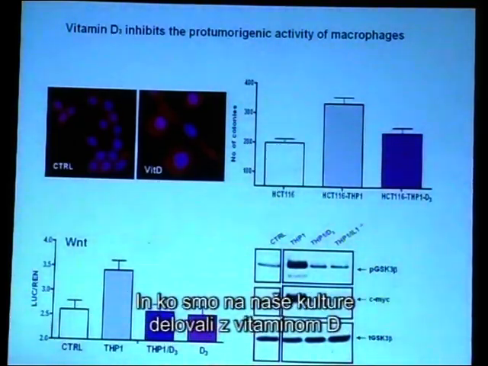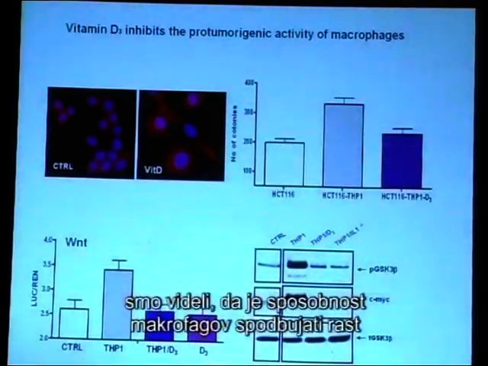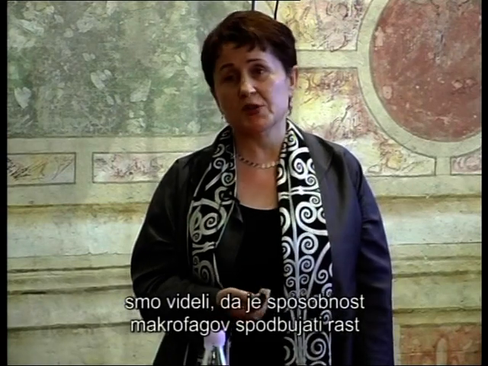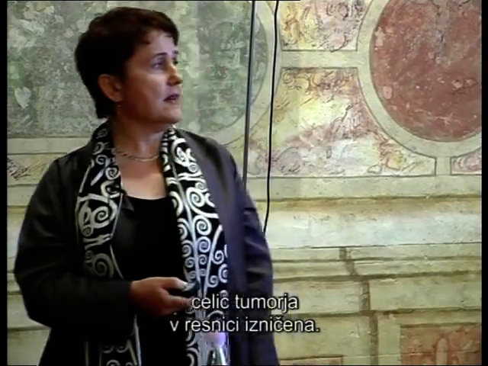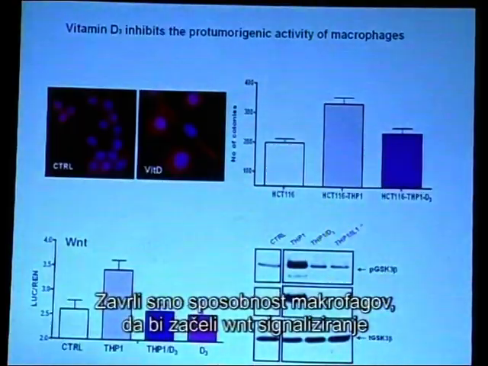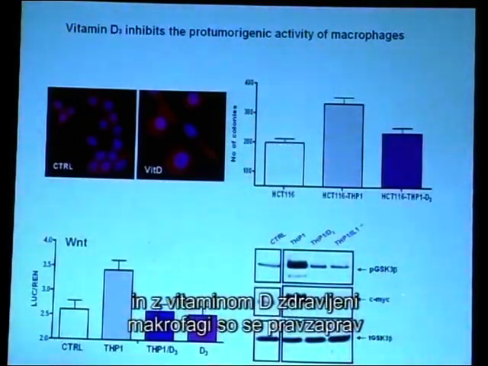And when we treated our cultures with vitamin D, you can see that the ability of macrophages to promote growth of tumor cells was truly abrogated. Vitamin D inhibited the ability of macrophages to promote Wnt signaling.